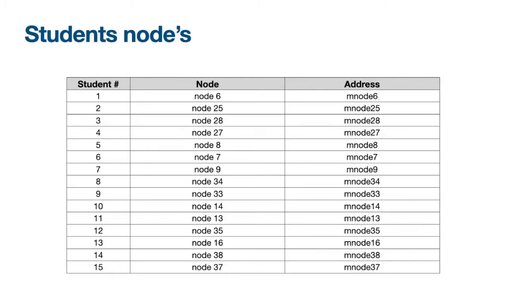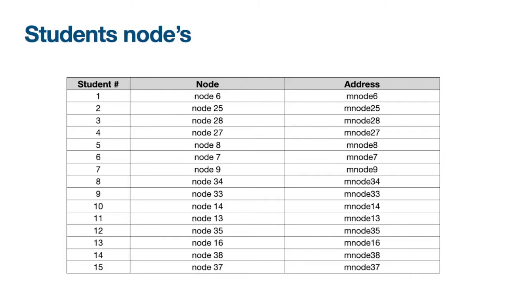So for the remainder of the tutorial, we're going to use these nodes for the student numbers. In the mail that I sent to you, you have received a number. This number is going to allow you to use one of the nodes inside of Cortex Lab. If you're student number 1, for example, you will use node 6. And the address for node 6 is mnode6, everything together.